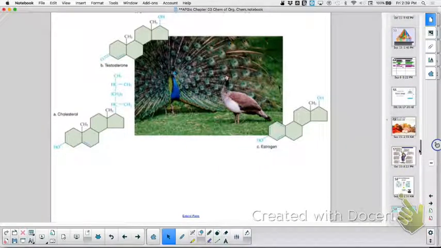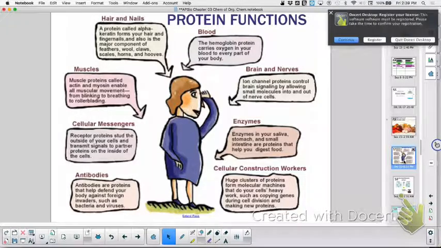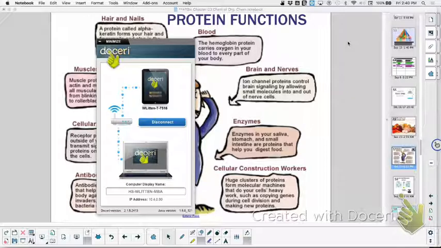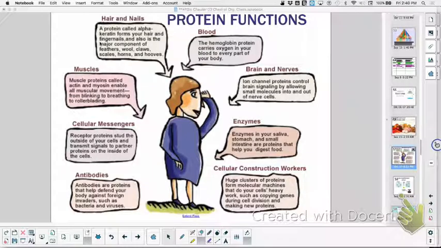And then looking at proteins, and we look at the different functions. We haven't talked about the immune system so much, but we have totally talked about enzymes now, so we understand that. Okay, we haven't talked about brain and nerve, but we will.